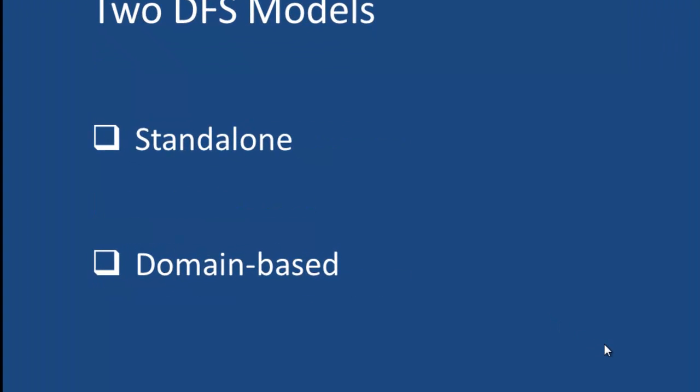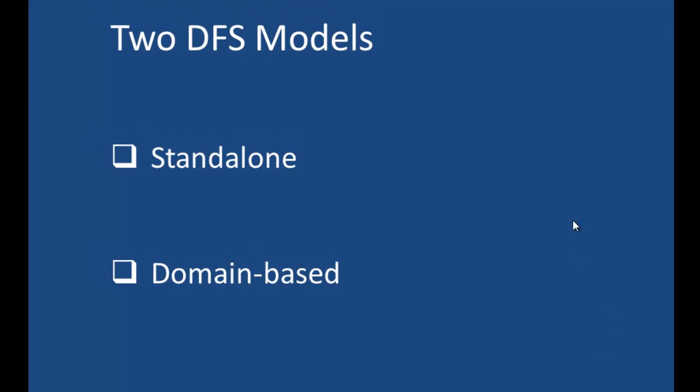There are two DFS models that we can choose from: the standalone model and the domain-based model. For the standalone model, there is no Active Directory implementation. We will not be running Active Directory. The standalone model can also implement load balancing, but we have to replicate the shares manually.